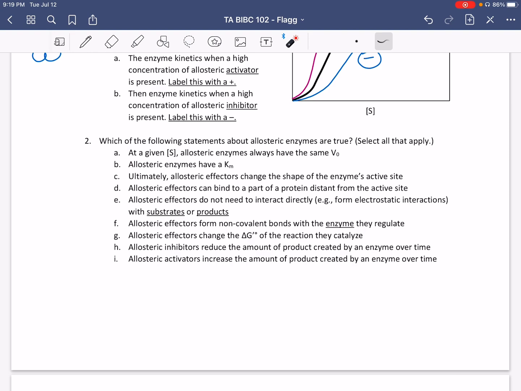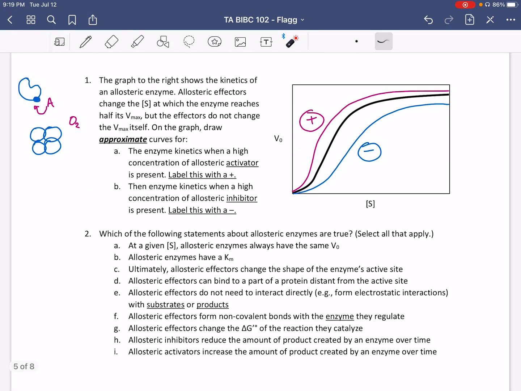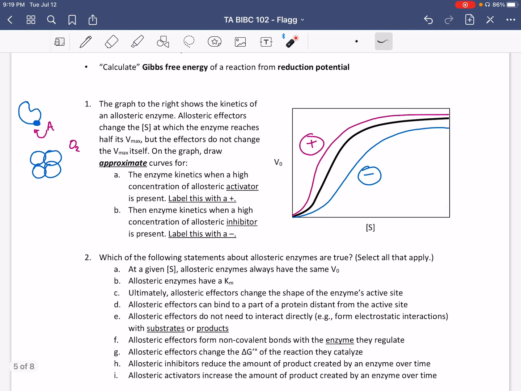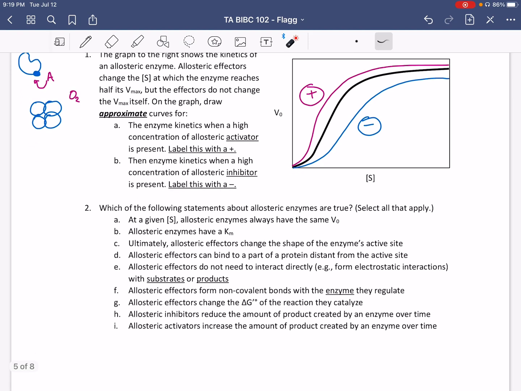Let's take a look at C. Ultimately, allosteric effectors change the shape of the enzyme's active site. That would be correct, referring to this example up at the left. Letter D, allosteric effectors can bind to a part of a protein distant from its active site. That is also correct, again pertaining to this example. Allosteric effectors do not need to interact directly or form electrostatic interactions with substrates or products.